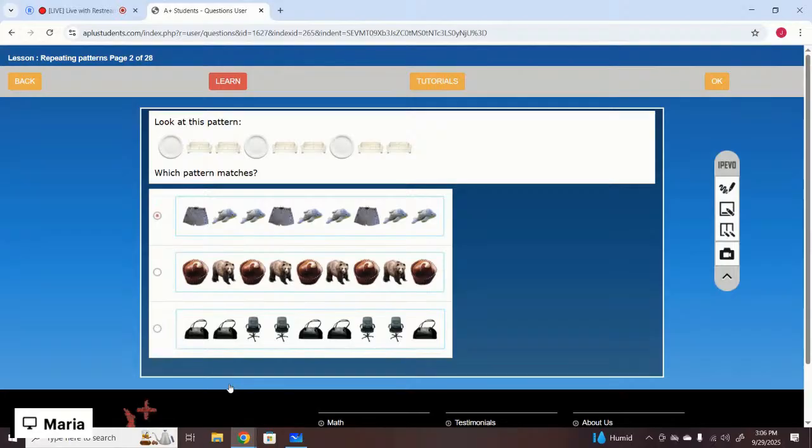Option number one is the correct option. The shape of this pattern is exactly the same. They match. Option number one is the correct option.